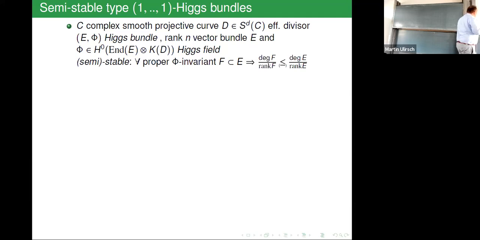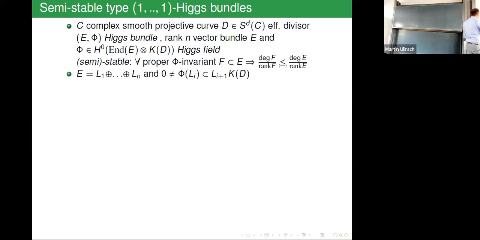So we will take all proper Higgs-invariant subbundles, and then we compute the slope, the degree over the rank, and the slope of the invariant subbundle must be smaller for stable, and semi-stability allows equality.